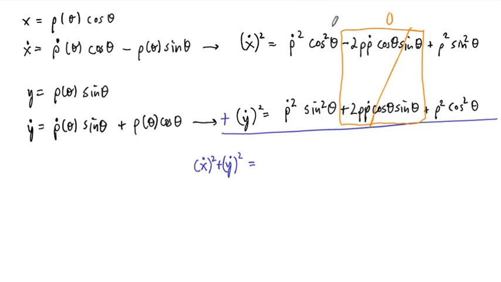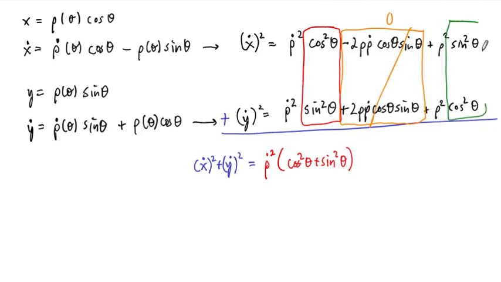And then the first term, we've got rho dot squared, which factors out, and then there's a cosine squared plus sine squared. So this one's rho dot squared times cosine squared theta plus sine squared theta. And finally we look at this last one over here, it's the same scenario, right? So on this one, a rho squared factors out, and this time it's sine squared plus cosine squared theta. But of course, order doesn't matter when you add.